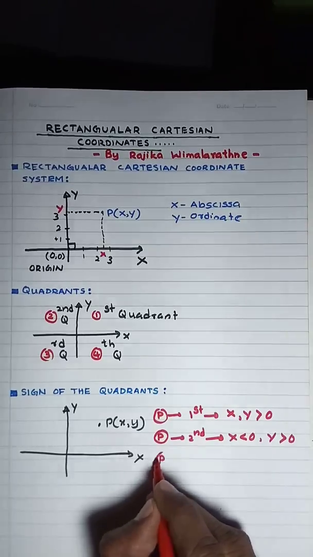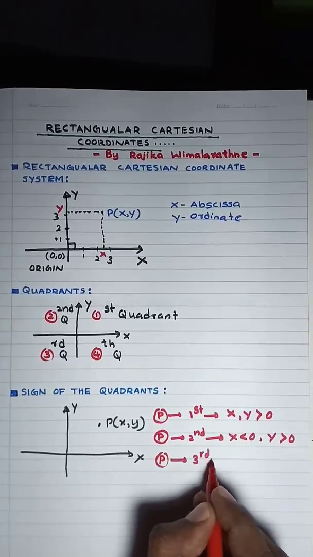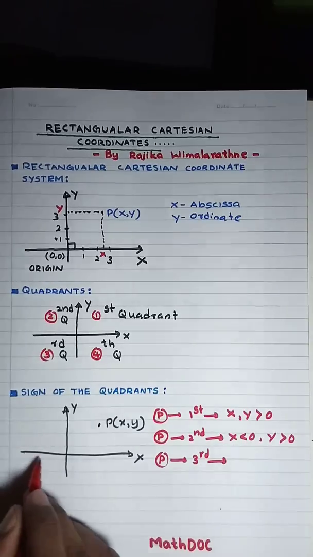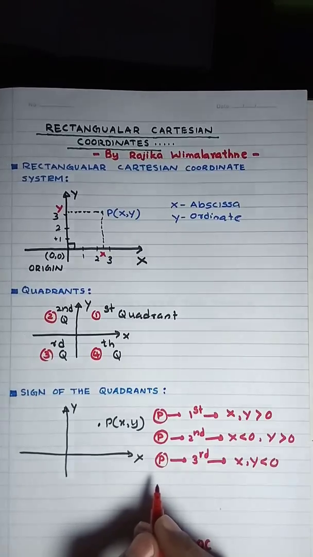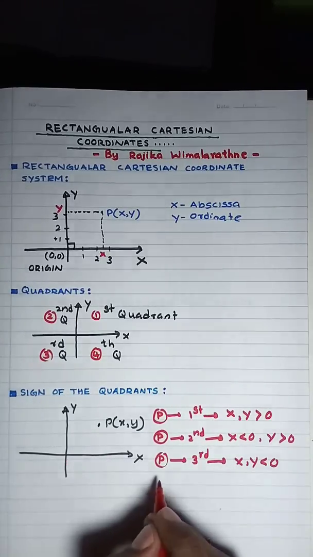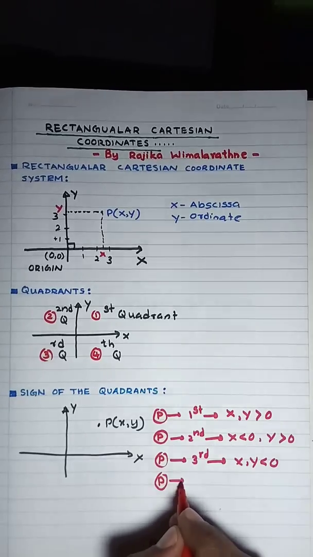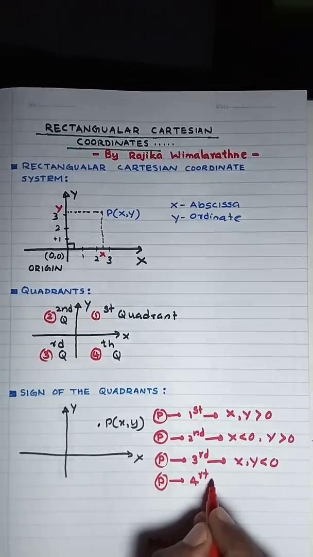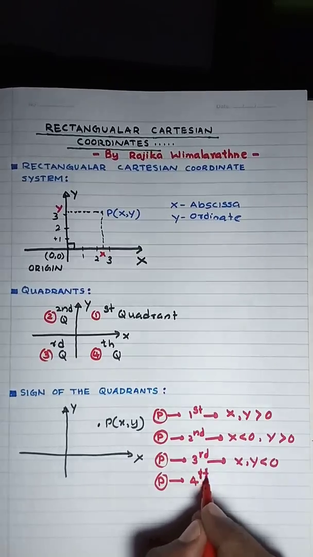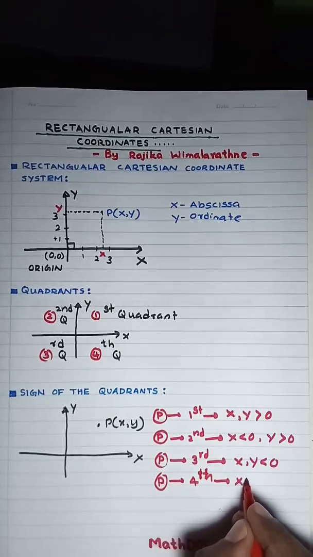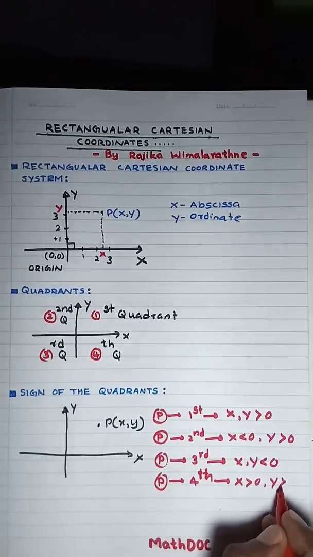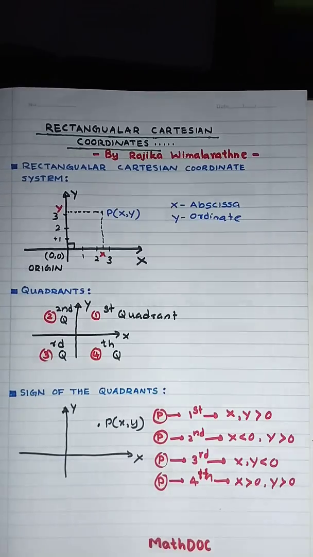When the point P is in the third quadrant, both x and y values are negative. When the point is in the fourth quadrant, the x value is positive but the y value is negative. Those are the signs of coordinates in each quadrant.